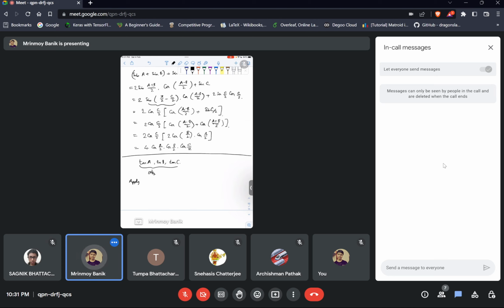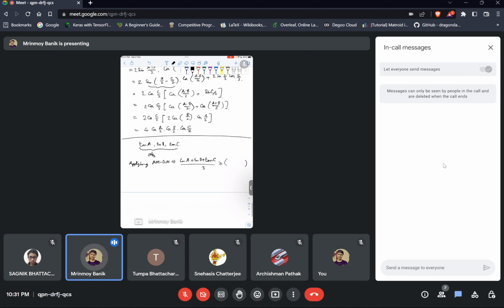Applying AM-GM, we have (tan A plus tan B plus tan C) by 3 greater than or equal to cube root of tan A tan B tan C.